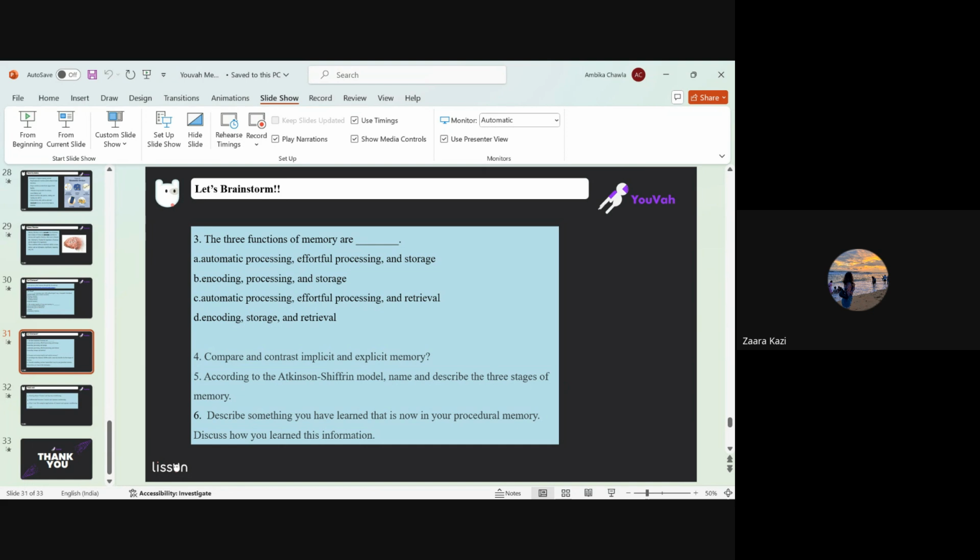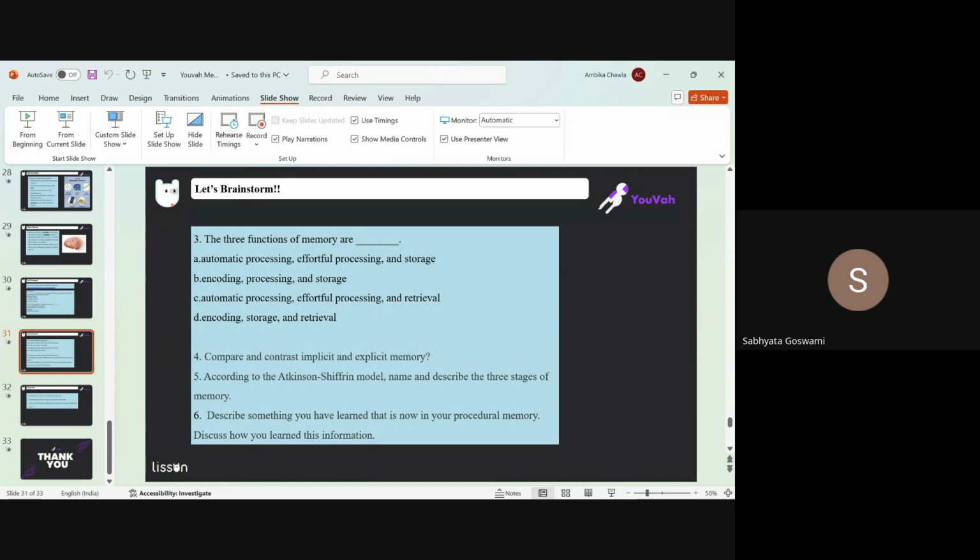And once it's in the long term memory, the duration is limitless and the capacity is also limitless, indefinite. And from the long term memory, we can retrieve the memory. Yes. Thank you so much, Sarah.